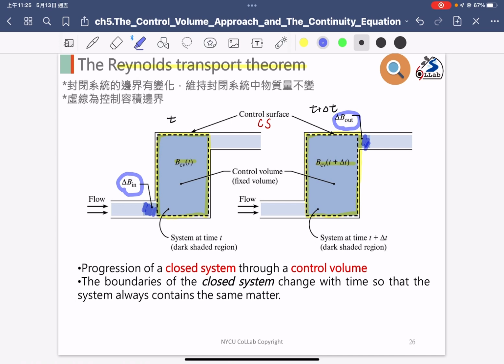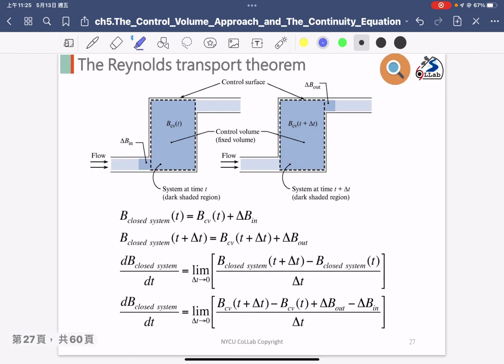So how can we calculate the extensive property changes in closed systems? In the next slide we discuss the closed system, which is the whole system. At the time t, the closed system's extensive property will equal BCV plus delta B in, right?